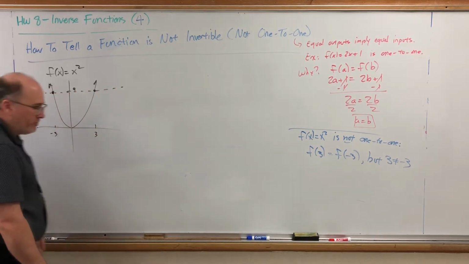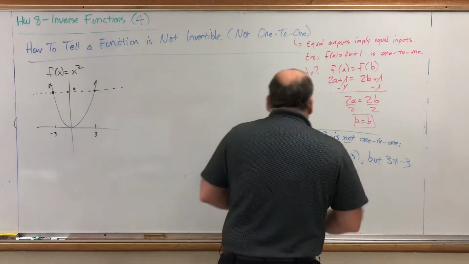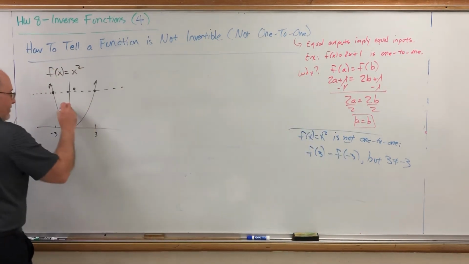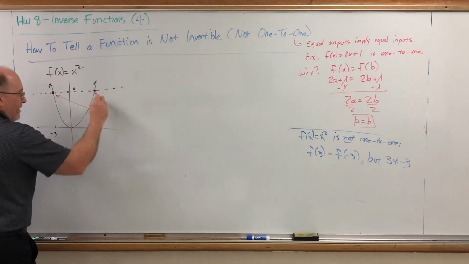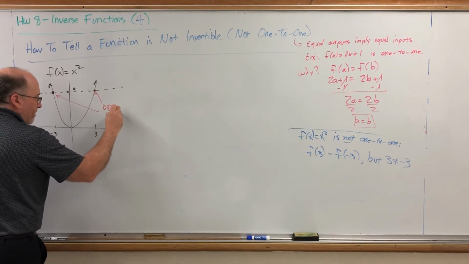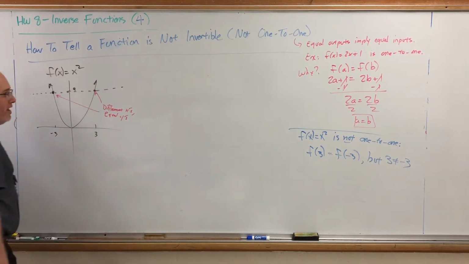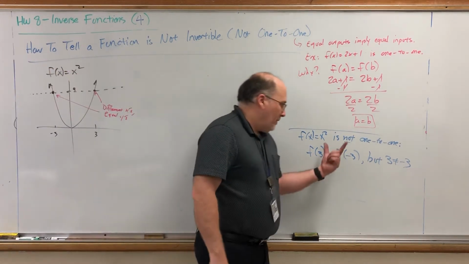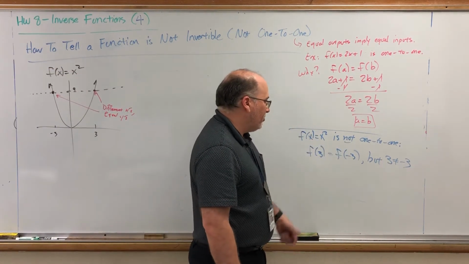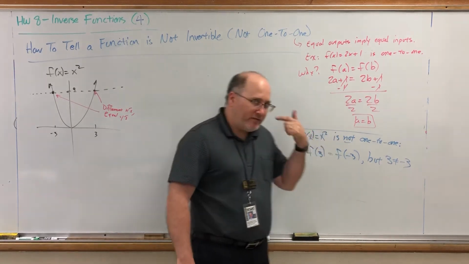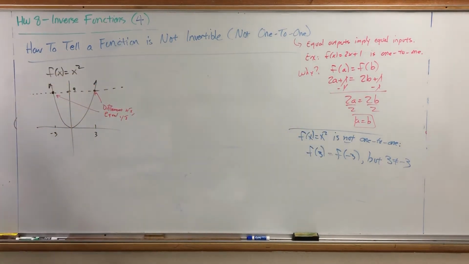The two points where this horizontal line hits the graph of f of x equals x squared have different inputs, or different x's, but equal y's. That's a problem, because no function is going to be able to turn 9 back into both 3 and negative 3. Functions can't do that. So visually speaking, the reason that f of x equals x squared failed to be invertible is because we could locate two points that had different x's but equal y values.